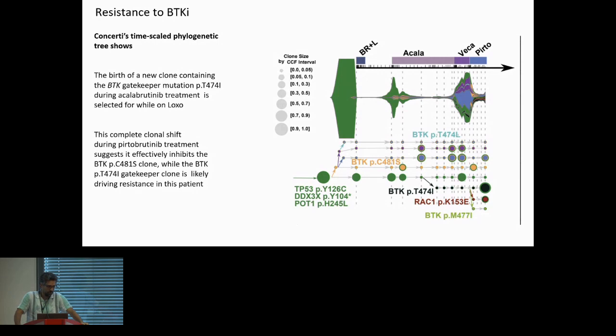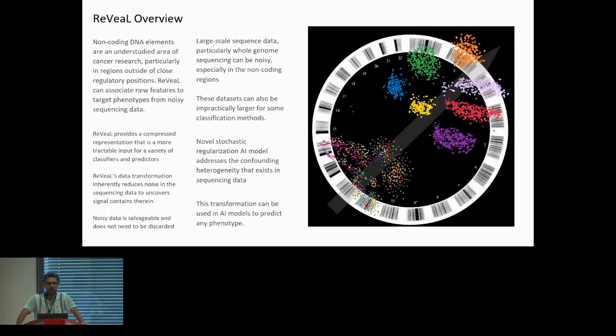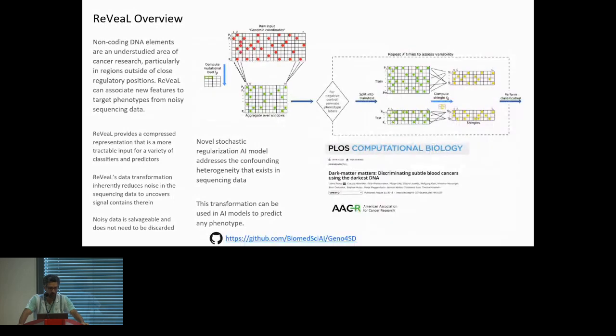Another approach that I want to introduce is called REVEAL, which is a stochastic normalization approach for AI models to address the heterogeneity existing in the data. REVEAL is basically performing a stochastic approach to try to extrapolate as much as possible from all the information we have, even in non-genic regions, which are often discarded by any of the analysis.